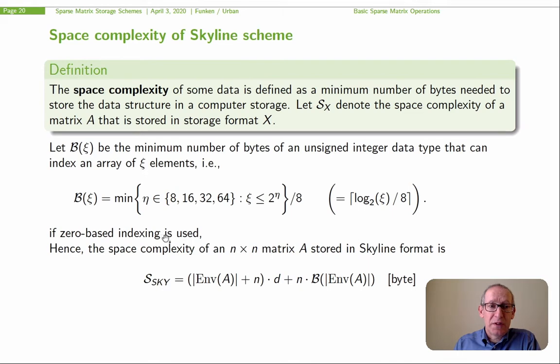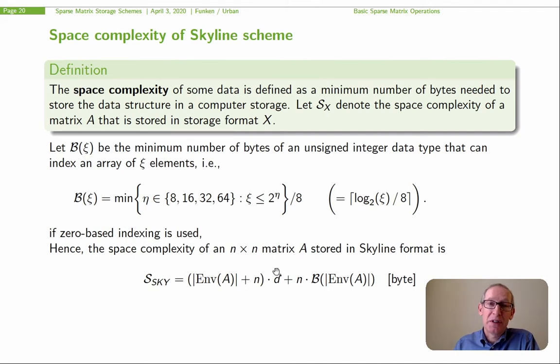So using this term, the minimum number of bytes we need to store a matrix in this sky format is, okay, we have the size of the envelope, so the amount of entries, which are possibly entries from fill-ins by the LU or Gauss decomposition, and we have the entries on our diagonal, which are n. So this is the amount we have to store just for the matrix.